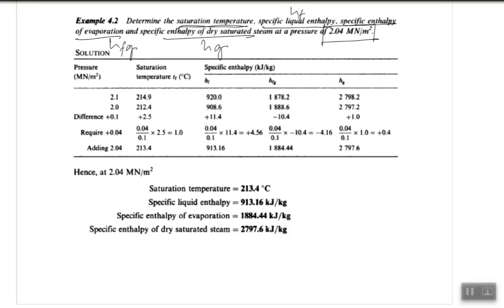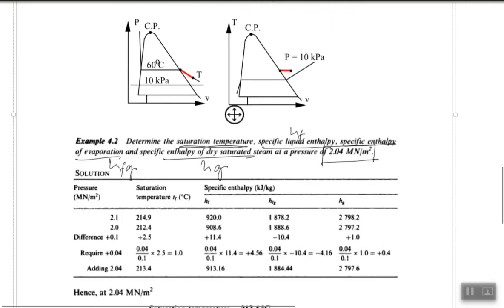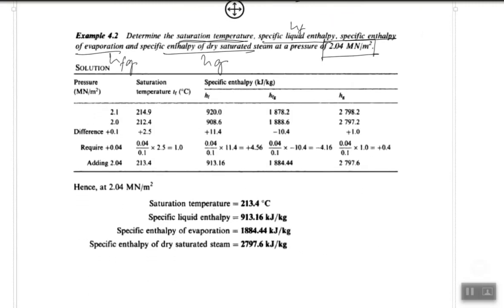Whatever steam table you are looking at, whether it is a compact edition or whatever it is, the value of 2.04 would definitely not be there. Either you would have a value of 2.0 or a value of 2.1. It would be very unlikely that you would have a value of 2.04, as you can imagine. That's why it is called the compact edition of our steam table.